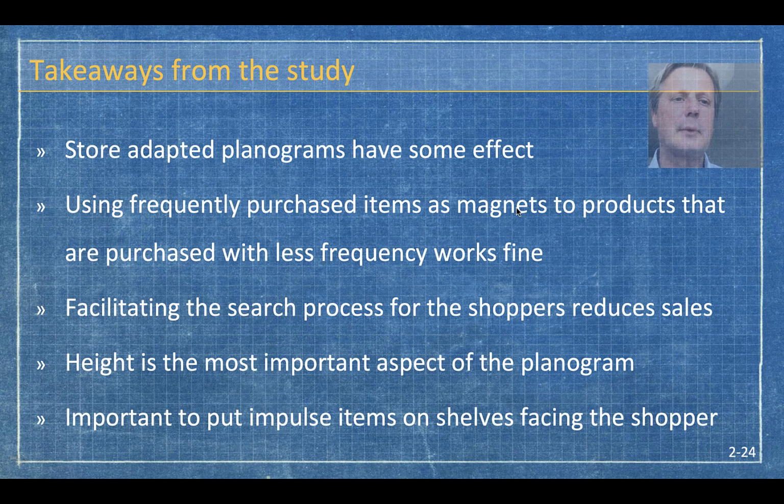Okay, takeaways: store adaptive planograms have some effect. You can use frequently purchased items like toothpaste as magnets to complementary products. You can see this more and more. There is a study that's not in here for some reason. It was in Carrefour stores in Turkey or Greece, sorry, I can't remember.